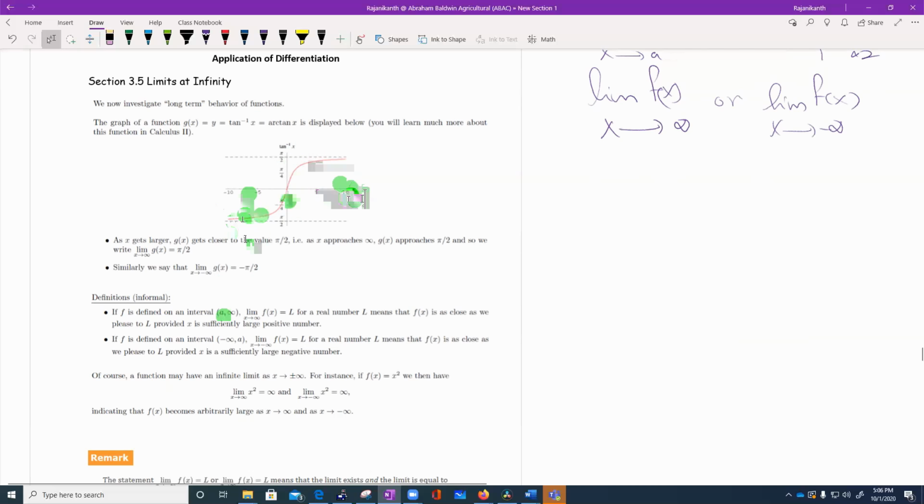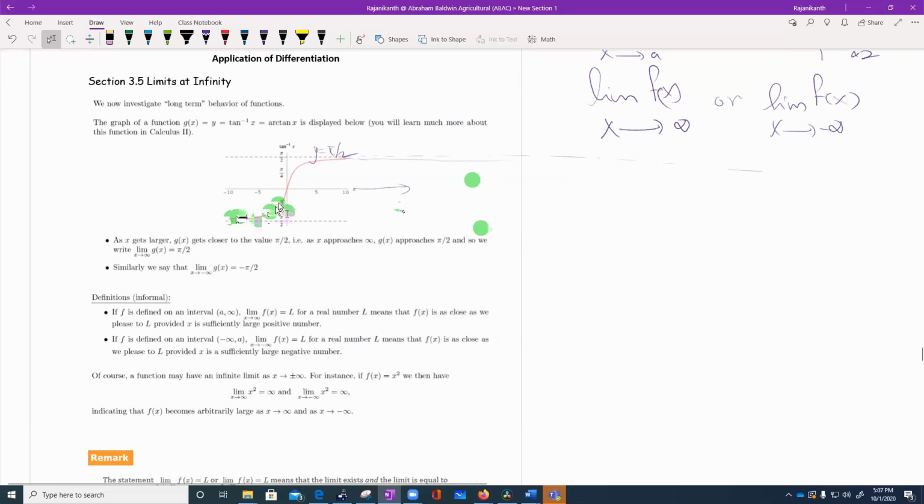This is my x value. When x gets bigger and bigger, the function is approaching this line. What is that line? This line is y equals pi over 2, right? So when you extend this pi over 2 line all the way to infinity, the function also will reach there.